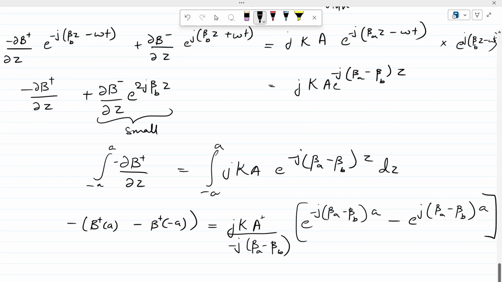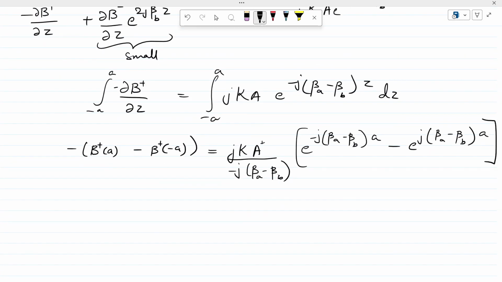So now what do we observe? What is b plus of minus a? Sorry. So this was the perturbation, right? This is minus a. So what is my b plus at this point?